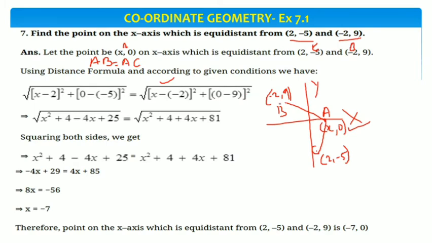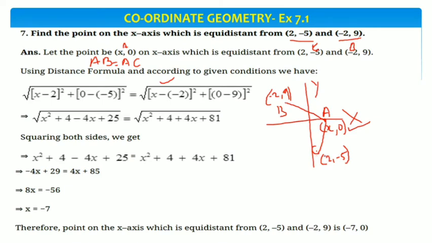We take the difference of x coordinates, do the square of that. We take the difference of y coordinate, do the square of that. So this is our length of AB by using the distance formula. Now this length is equals to AC. So AC also we can find by distance formula.